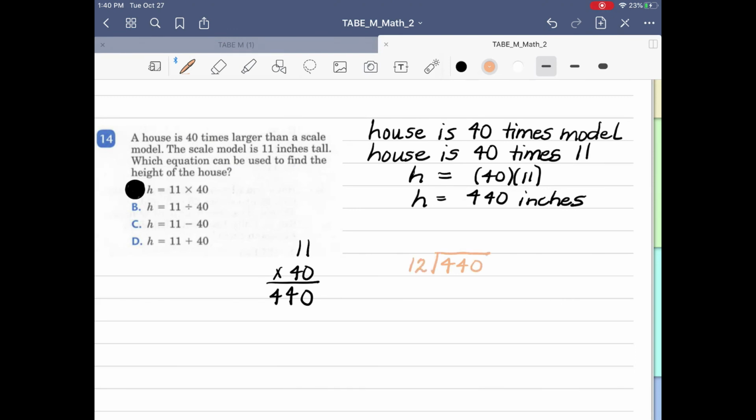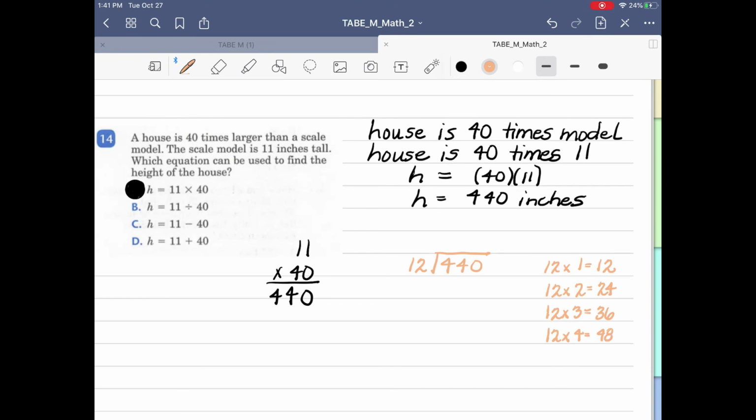You would divide by 12. So 12 times 1 is 12. 12 times 2 is 24. 12 times 3 is 36. 12 times 4 is 48.